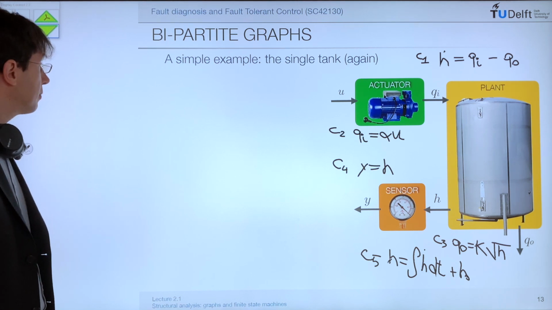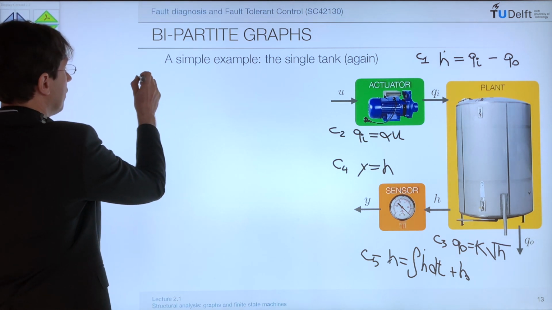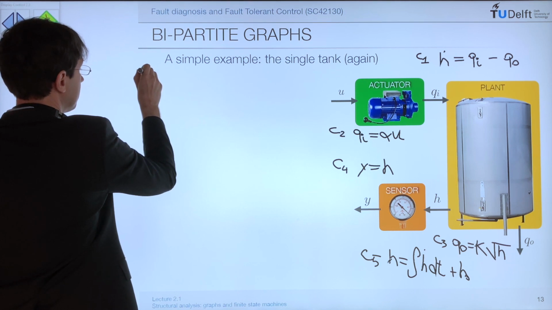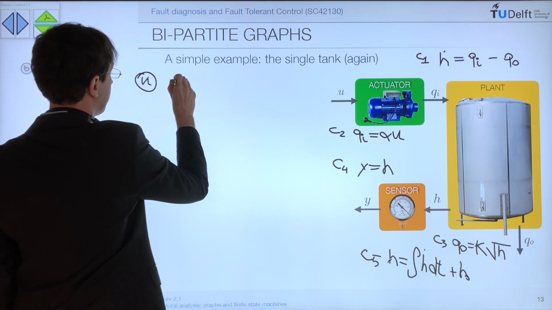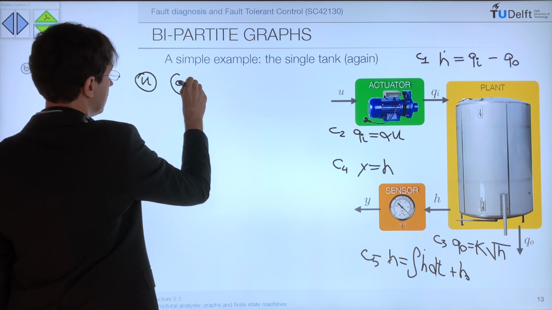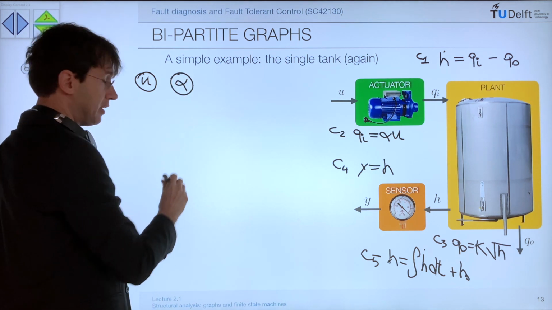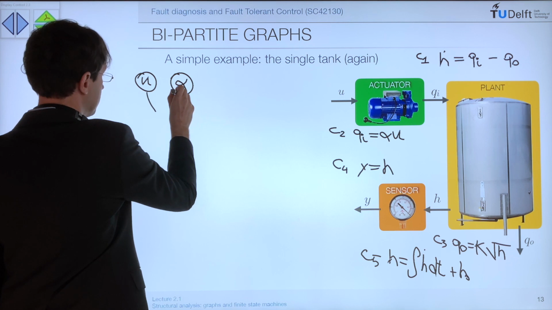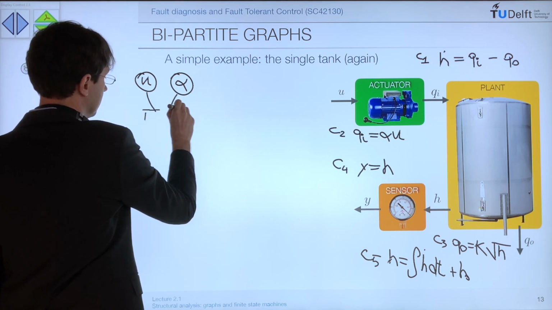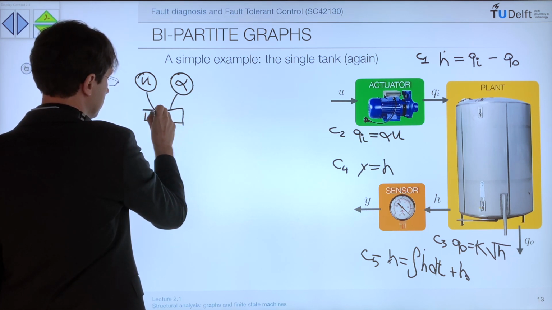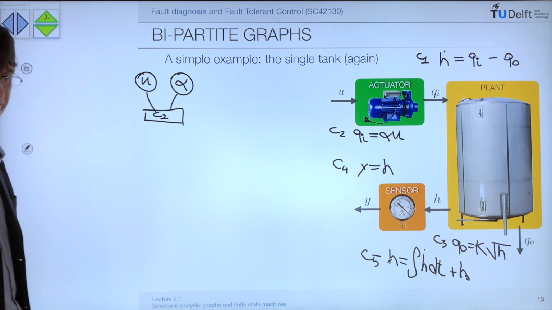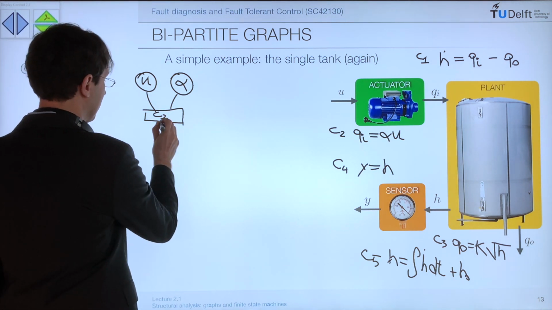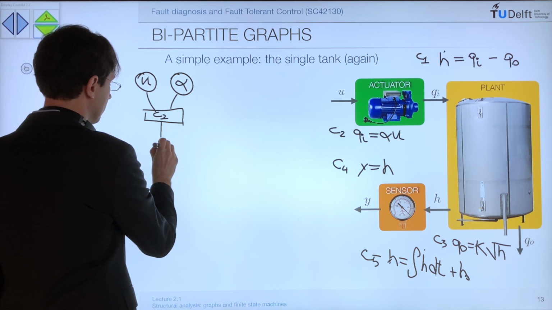So starting from the pump, we have the input U and the constant alpha. They both go into equation C2. And equation C2 is also connected to the inflow Qi.